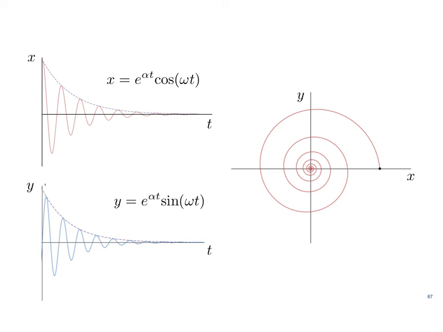What I mean when I say solution split is that the actual solution is going to be C1, our constant, multiplied by e to the lambda t plus i omega t and the eigenvector 1, plus C2 e to the lambda t minus i omega t and eigenvector 2.